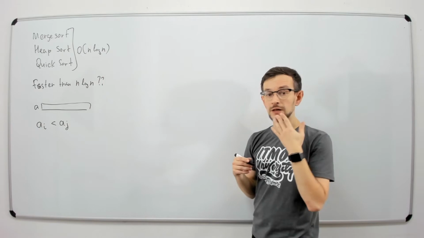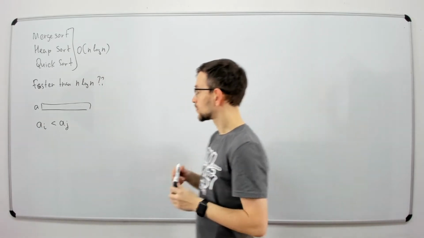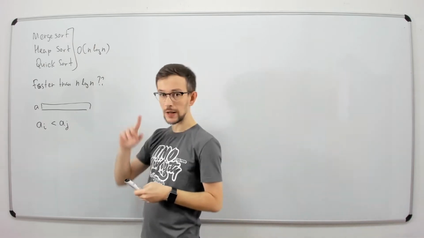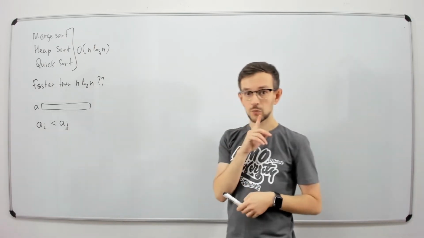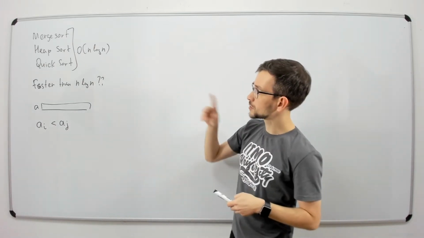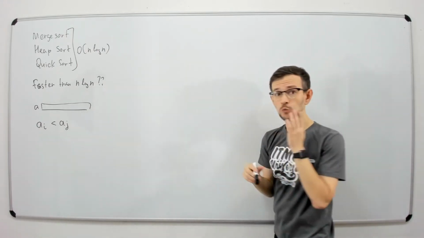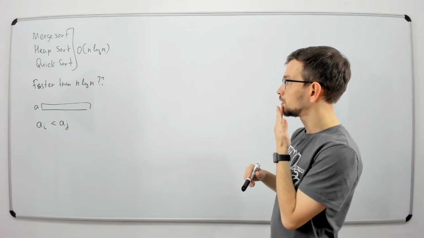Now, let's prove that if the only operation we can do with the elements is to compare 2 elements, it is not possible to make the sorting algorithm faster than n log n time. How to prove this? It's kind of tricky.